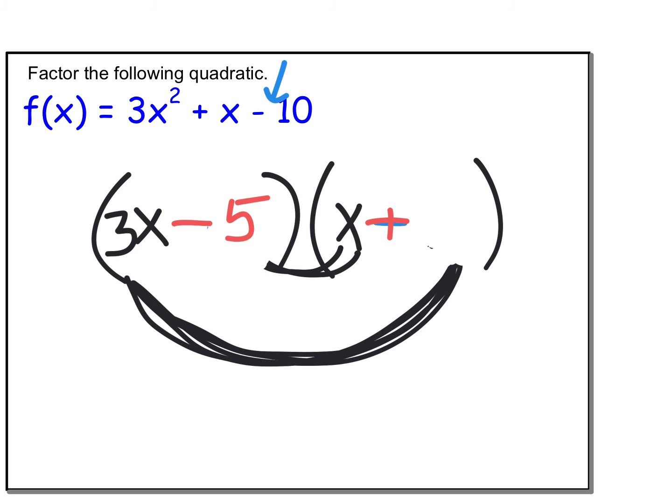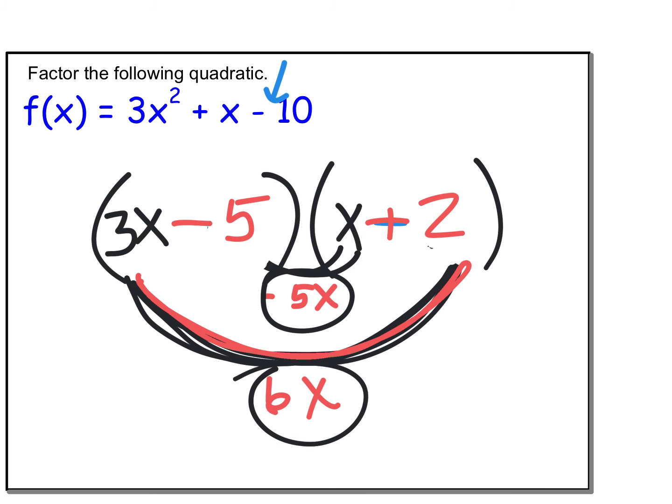Yeah, and then x plus 2. All right. Now let's find out if she's right. Outside, 6x. Inside, negative 5x. Together, that and that make 1x. Boom, she's got it.